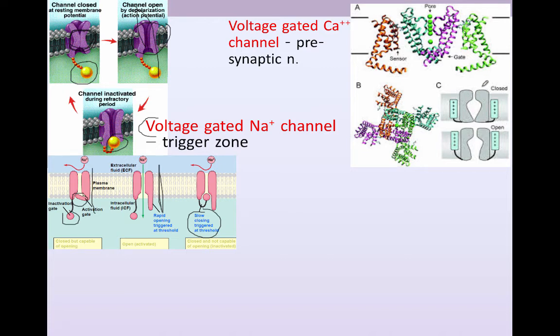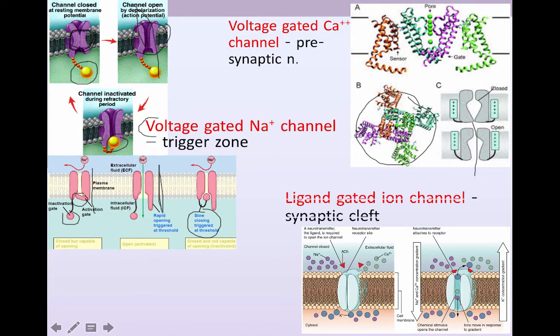Here you can see the schematic representation. In the top picture, it's closed, and in the bottom one, it's open and calcium can go through. Here, we're just looking down onto the top of the channel when it's closed and the calcium can't get moved through there. We also have voltage-gated potassium channels, and I don't have a picture of that for you, but they're much like the voltage-gated calcium channel.